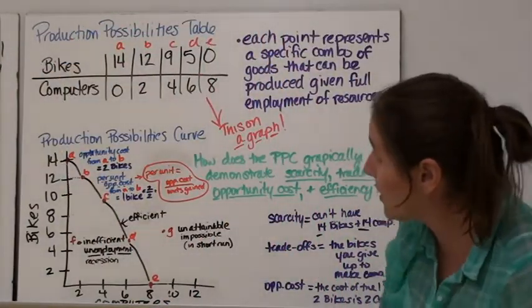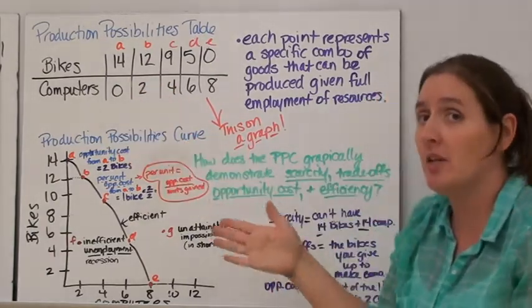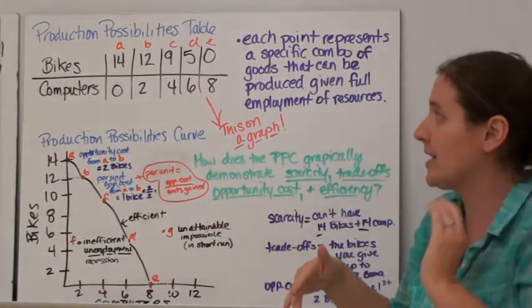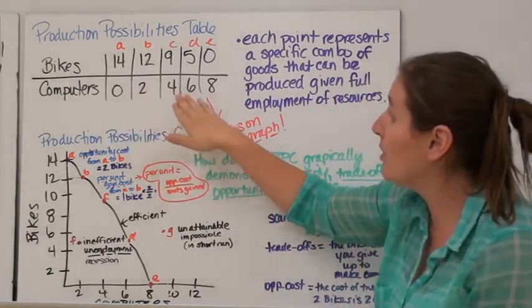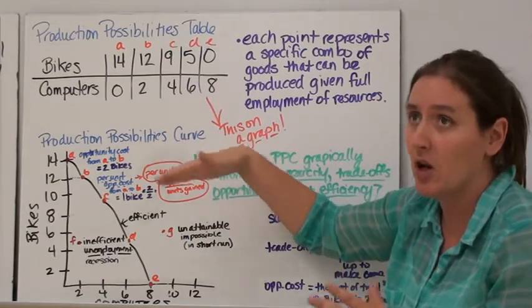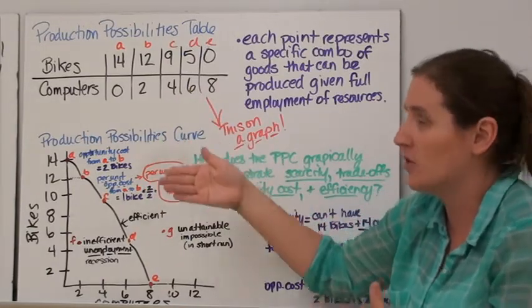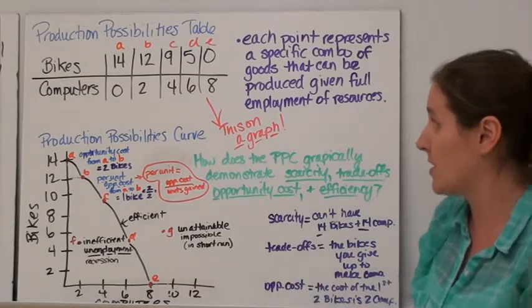All right. We're going to start up here with the production possibilities table. Let's say you own a business, and your business can make bikes or computers. Here are all the possible amounts of bikes and computers that you can make based on the amount of resources that you have, that fixed amount of resources.